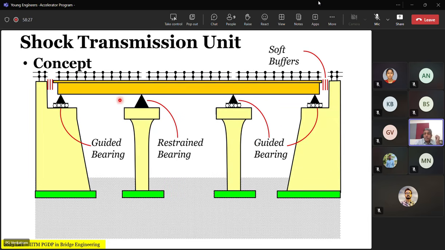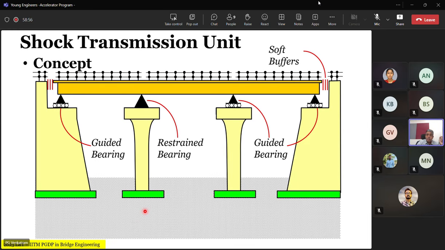Imagine that you have a three-span continuous structure, with a restraint bearing and longitudinally guided bearings on all the other piers. If you don't do any other arrangement, then the bridge vibration unit in the longitudinal direction will consist of the mass of the full superstructure and this one pier only.